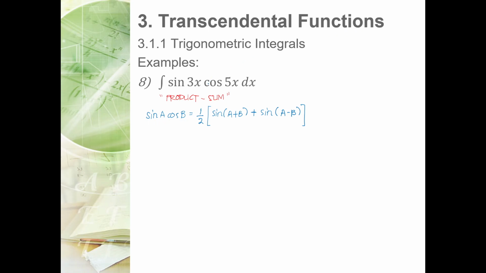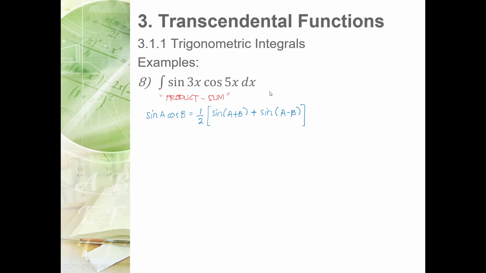So notice that the format of the formula is already the same as the given equation. So sine A cosine B. So meaning the angles A and B are different from one another. So it's a unique angle for each function.